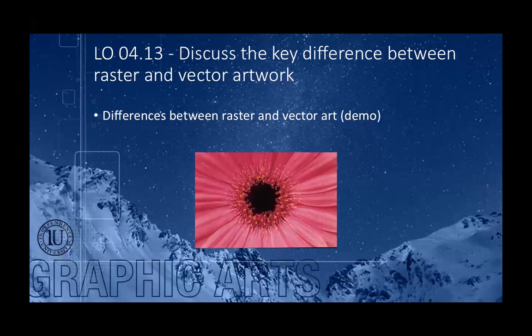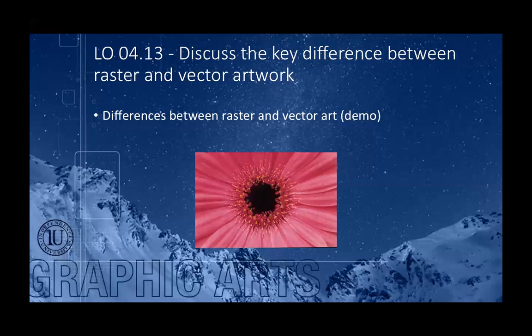Now, raster objects and raster artwork are made out of pixels, individual squares of color. And so anything that's like a photograph, a video, a digital painting that is made with the paintbrush in Photoshop, or a shape made in pixels mode, is going to be something called a raster object. A vector object is different.